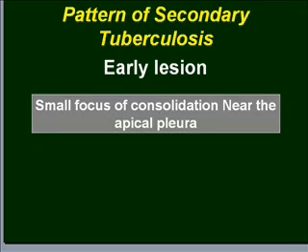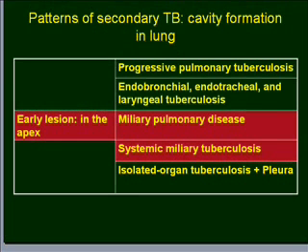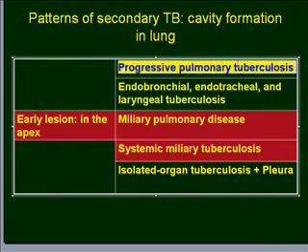Now it is very interesting to note, it will slowly progress. Now there are various kinds of progression we can see. The first one is known as progressive pulmonary tuberculosis.